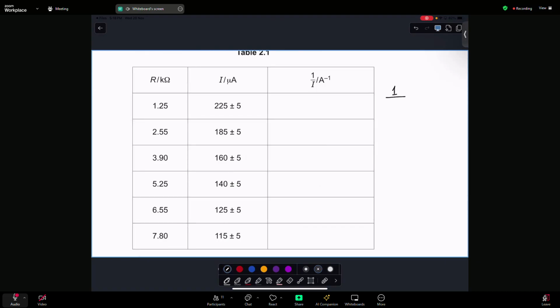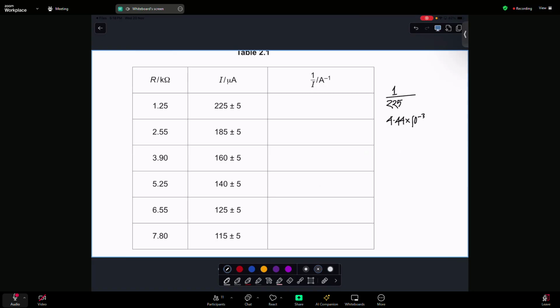Yep. So 1 divided by 225 into 10 to the power minus, the value. Oh, how much is it? 4.4. 4 into 10 to the power minus 3.